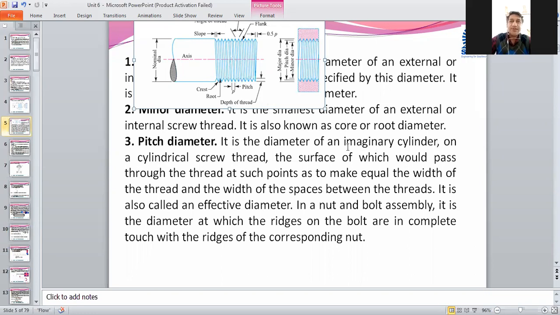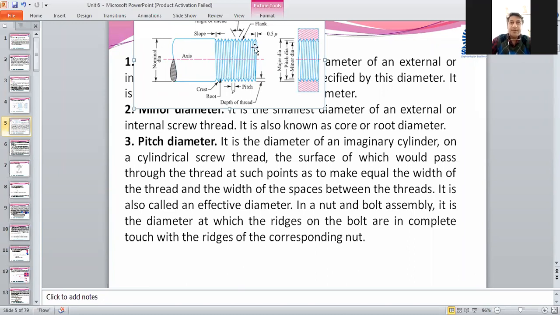That's why it is said to be an imaginary cylinder on the cylindrical screw thread, the surface of which would pass through the threads at such a point as to make the width of thread and the width of space between the threads equal.